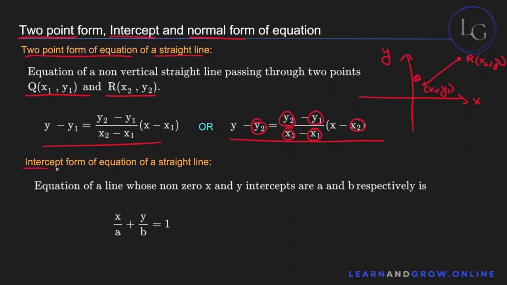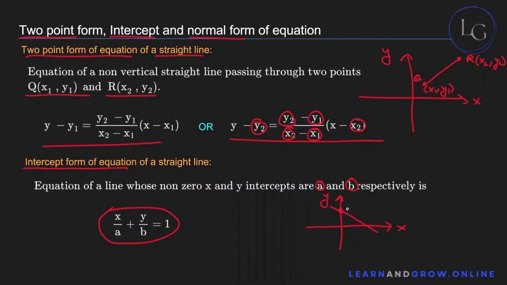Let's see the intercept form of the equation of a straight line. If the x-intercept A and the y-intercept B of a line are given to you, or if you find them out, you can use this very simple formula to get the equation of the straight line. So, for example, let me draw the axes, and say you have this line.